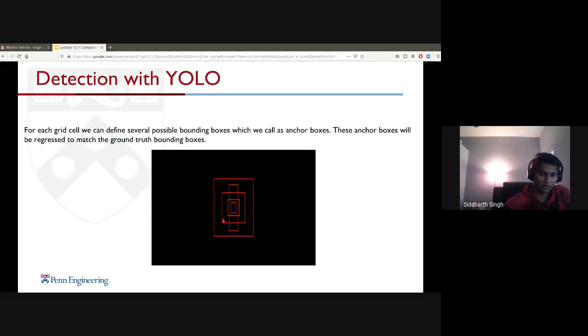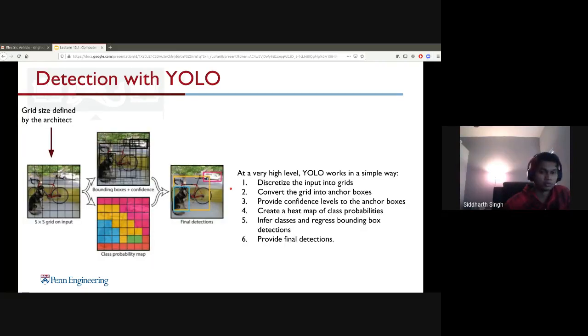Say this one. I'm pretty sure that anchor box will not perfectly align with this ground truth box. So regression is: can I make my anchor box height increase or width increase, or both increase or decrease, just manipulate the dimensions of the anchor box in order to get as close as possible to the ground truth bounding box? That's what regression is. Just adjusting to fit. That's all.